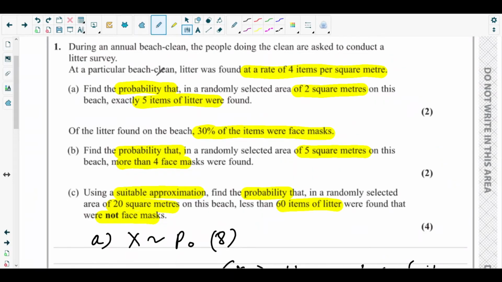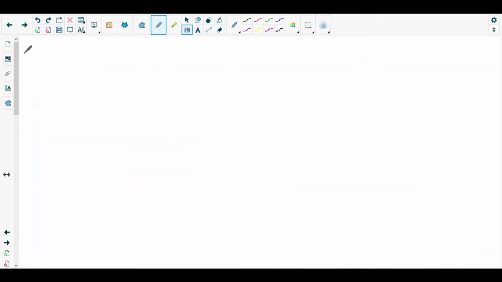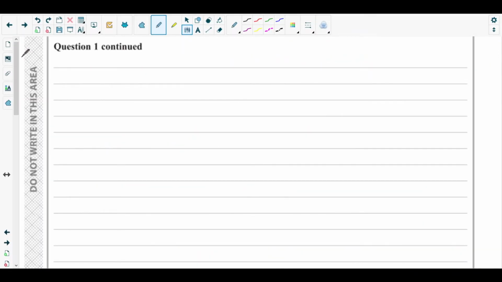So at first let's find the mean for 20 square meters, and then we have to pick which approximation would be suitable for the situation. So for part C, first find the value of lambda.